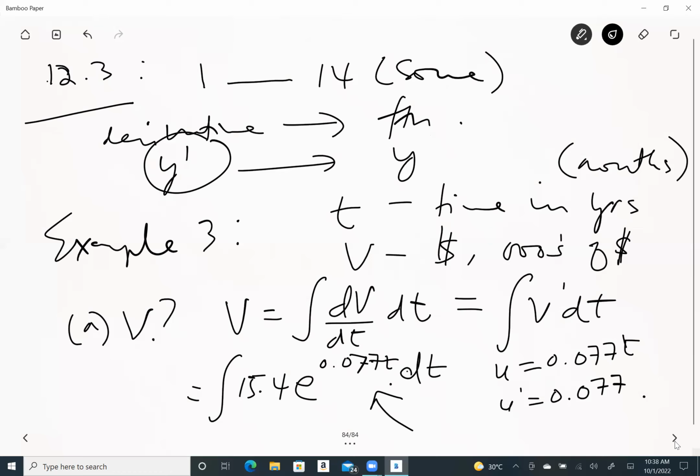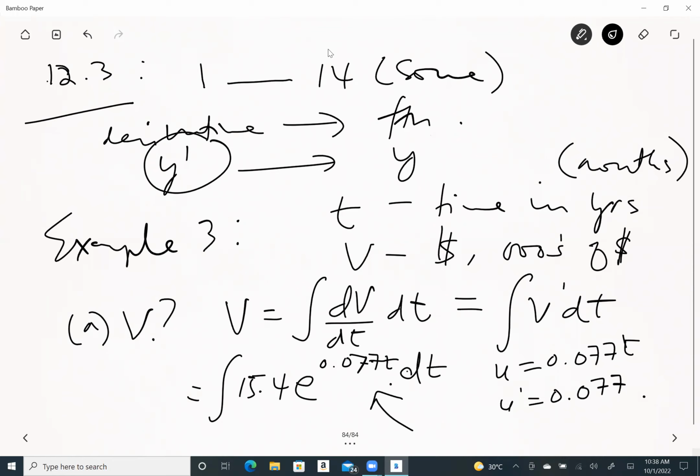What is u prime? u prime is 0.077, so you want that. What do you multiply with?